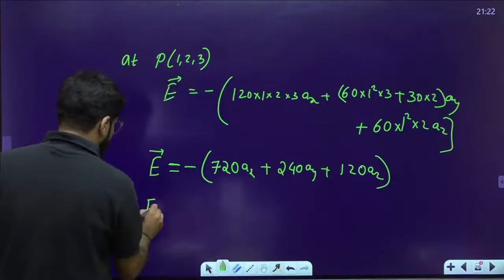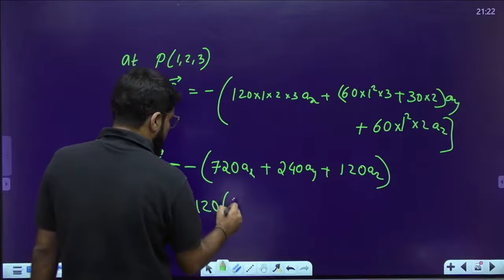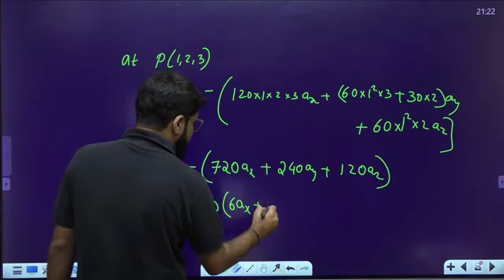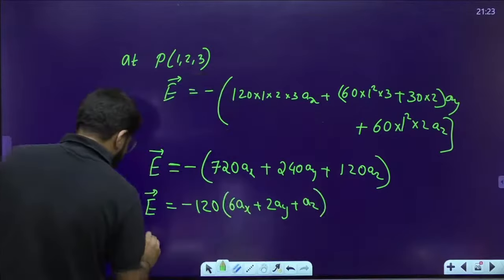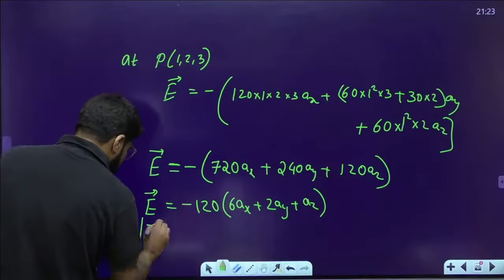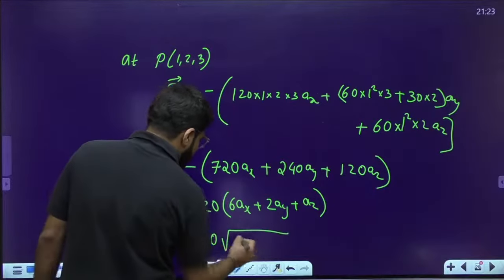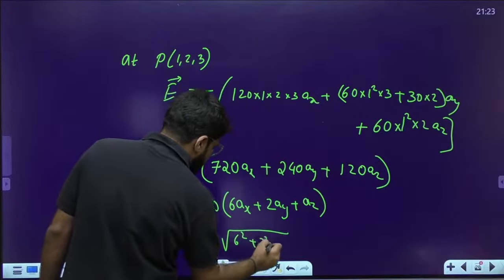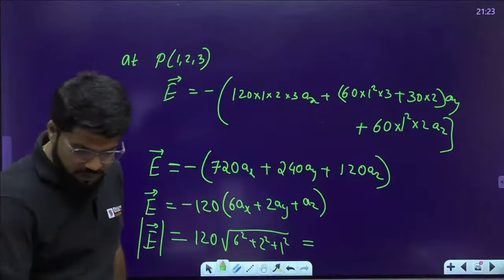Okay, electric field is, if I take 120 common, minus 120 (6ax plus 2ay plus az). Now if they're only asking the magnitude, the strength of this field, it is 120 under root of 6 square plus 2 square plus 1 square, and let me calculate and give you this number finally.